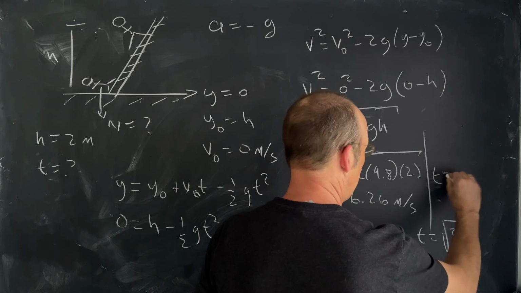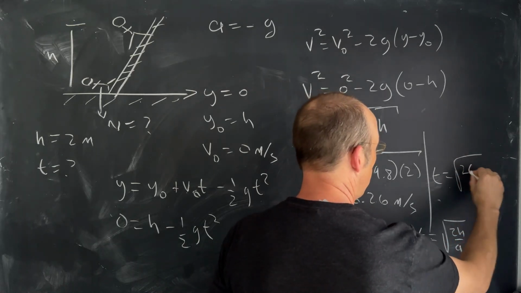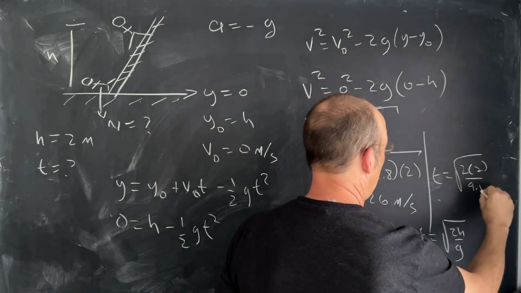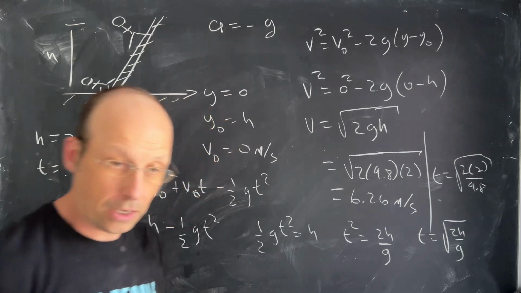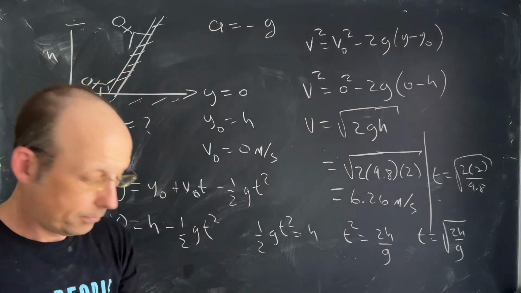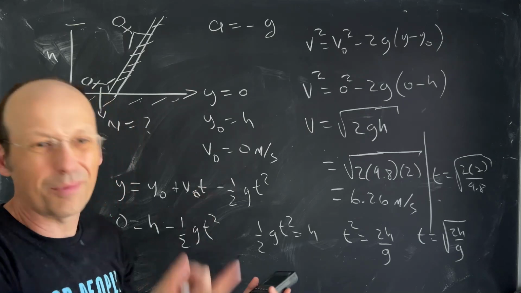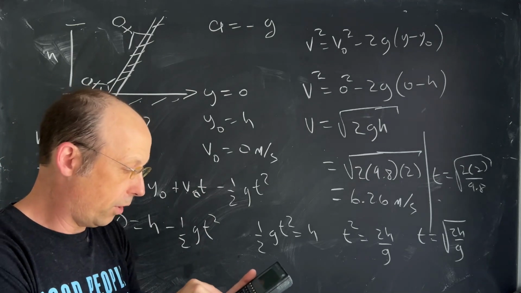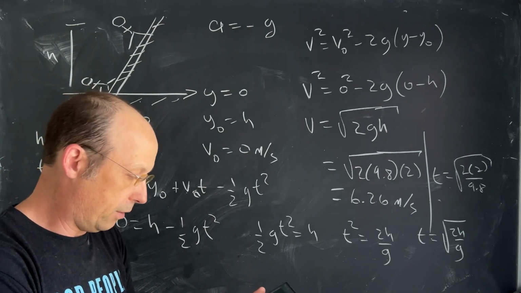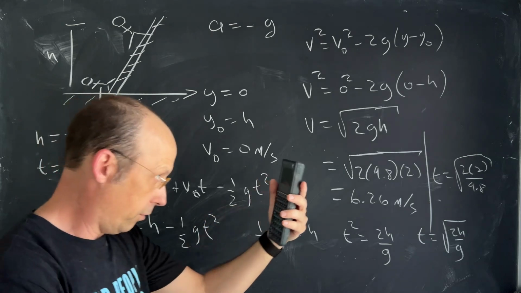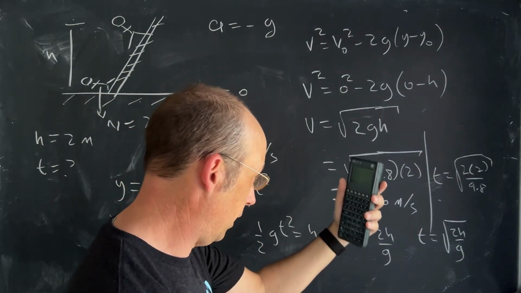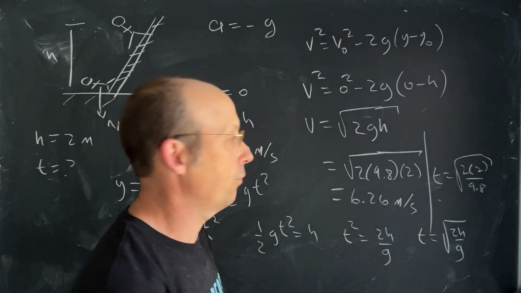So t is the square root of 2 times 2 divided by 9.8. Calculator. 2 times 2 is 4, divided by 9.8, then square root. I get 0.638. Let's say 0.64.